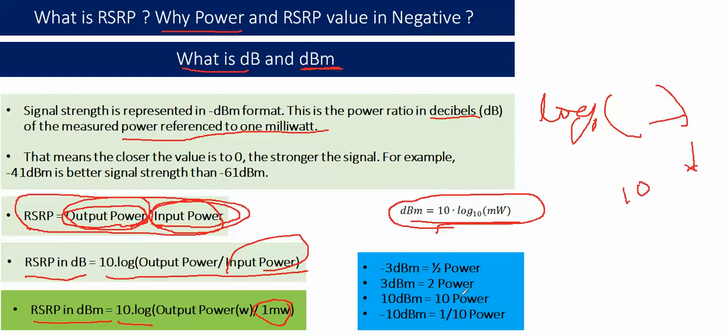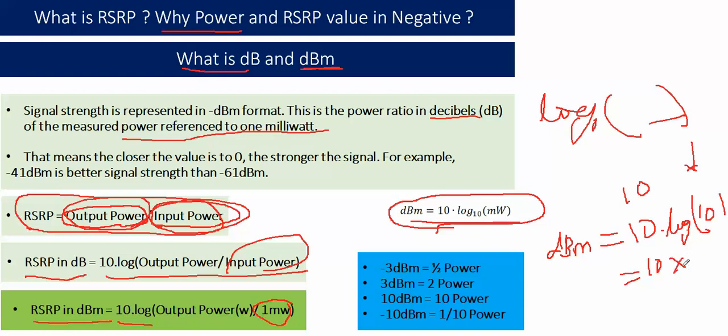Suppose we use 10 milliwatts. Calculating in dB, power in dB is 10 times log of 10 milliwatts divided by 1 milliwatt, which is 10.